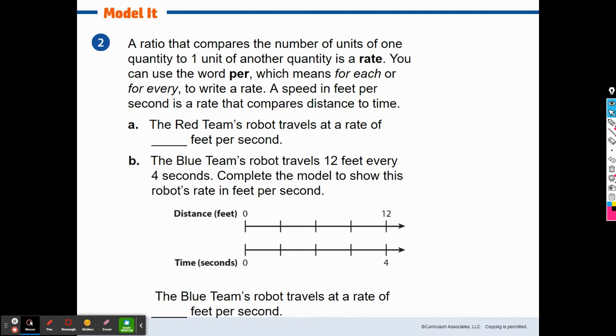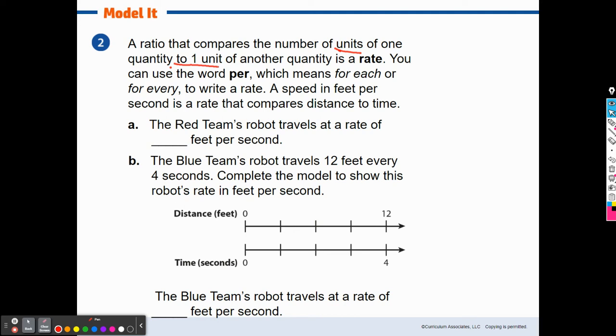So a ratio that compares the number of units of one quantity to 1 unit of another quantity is a rate. Notice, units to 1 unit. 2 feet for every 1 second. Every second, all right?